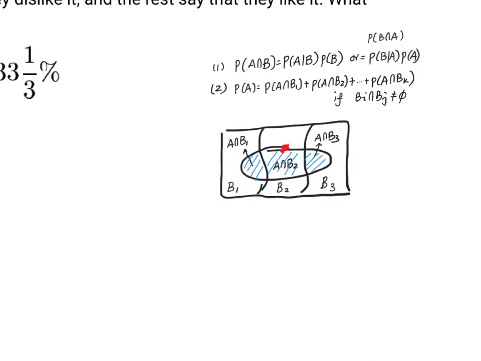If B1, B2, B3 are mutually exclusive, and the union of the B's makes up the whole sample space, then the probability of A is equal to A and B1, plus the intersection of A and B2, plus the intersection of A and B3, and so on. If you have more than 3, you just keep adding the intersections.